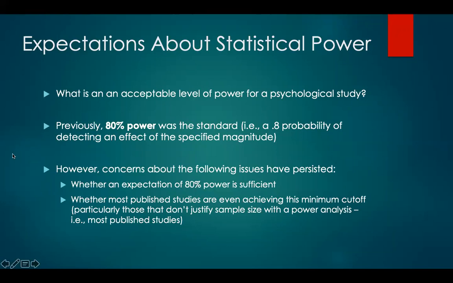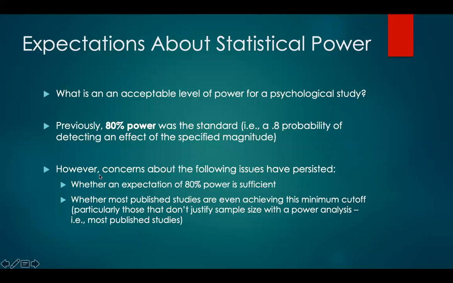So what is an acceptable level of power for a psychological study or a sociological study? Well, previously 80% power was the standard. So that is a 0.8 probability of detecting an effect of the specified magnitude if that effect is actually there.